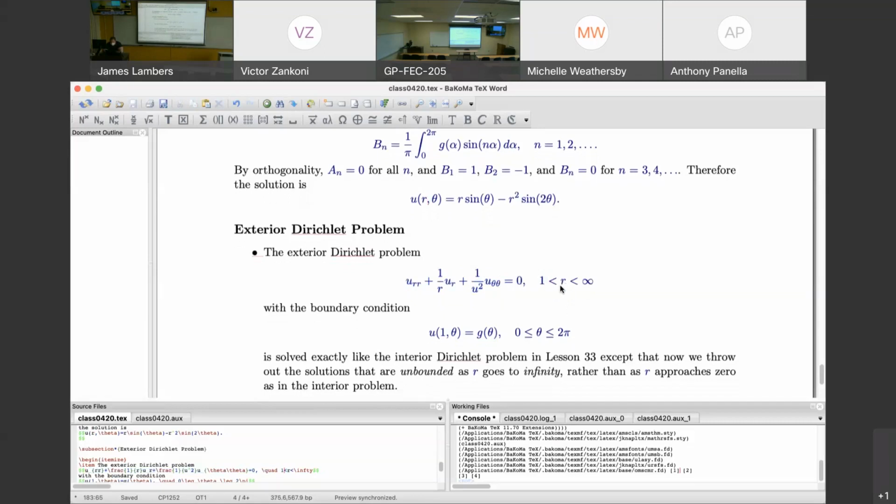So this is outside the unit circle. Same boundary condition specified on the circle. And I'm throwing this in because the solution process for the exterior problem is extremely similar to that of the interior.